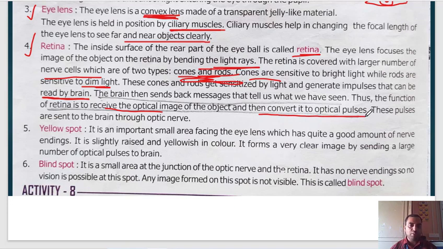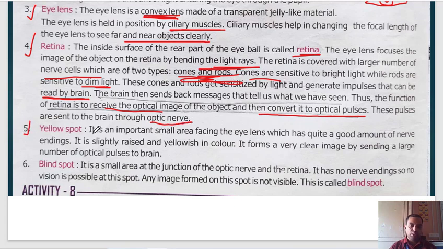So what the retina does, it receives the optical image, converts it into pulses, that is electromagnetic pulses, and sends those pulses through the optical nerve to the brain, and the brain reads it. These pulses are sent to the brain through the optic nerve.